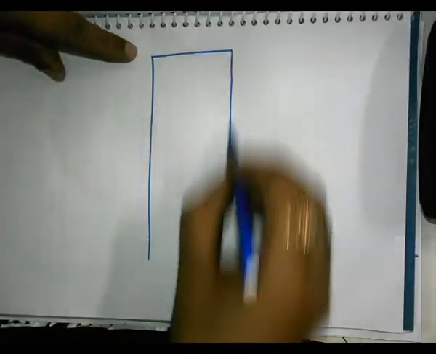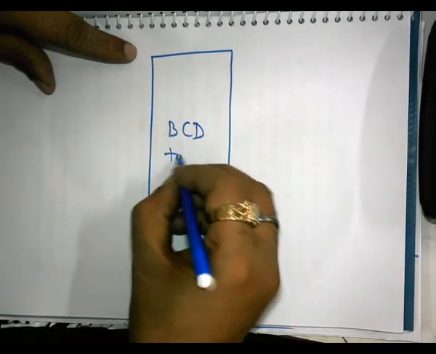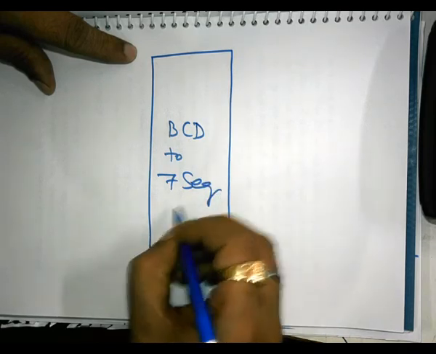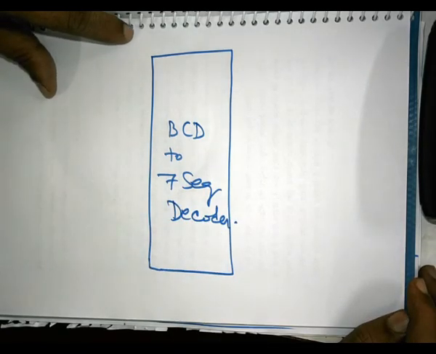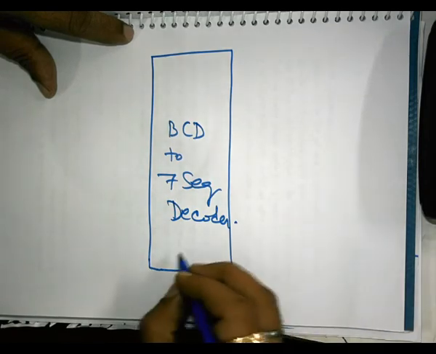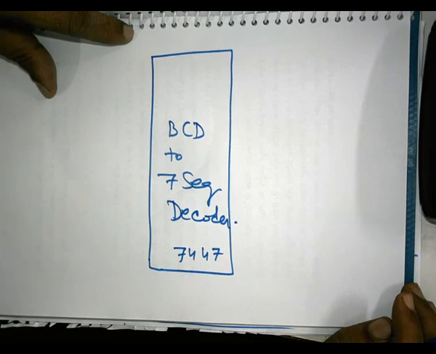This circuitry which you will make is itself called BCD to 7 segment decoder, and it comes in a IC form which is numbered as 7447. Okay.